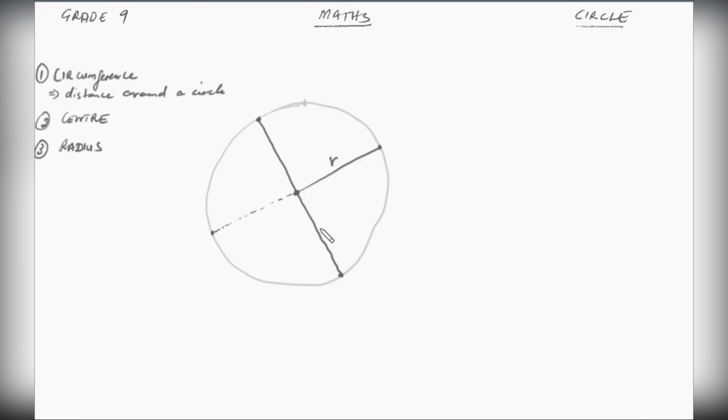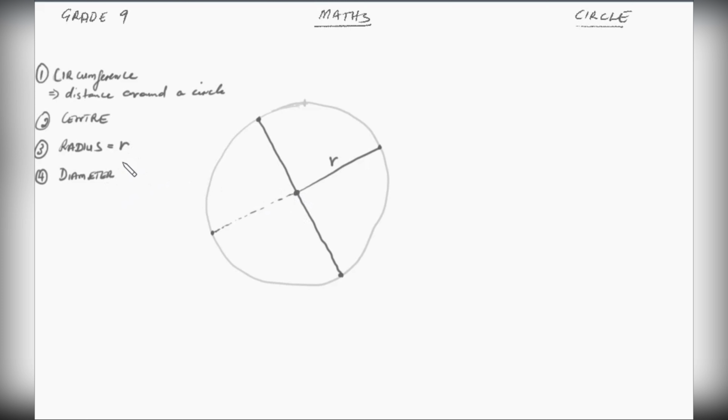It's called the diameter. Okay, so diameter goes through the center.